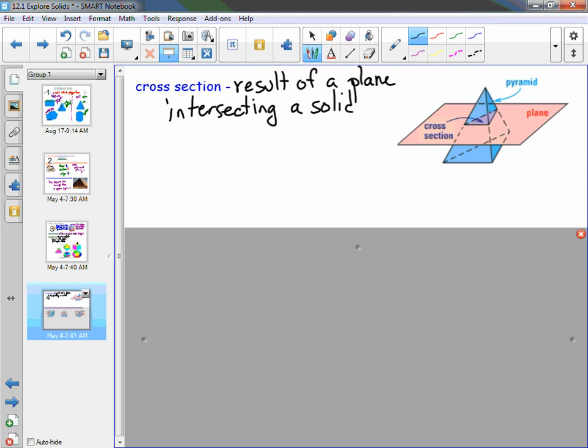This could kind of be like if you were cutting something with a knife. The knife would be like a plane, and whatever you're cutting would be the solid. And so our cross section would be, what do you see after the cut? So like if you're cutting cheese, what is the shape of the cheese after you cut it, that piece that results?